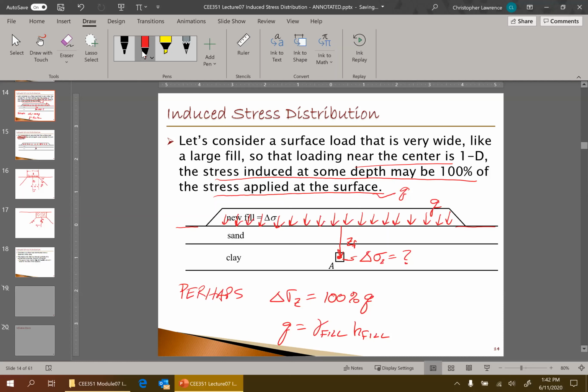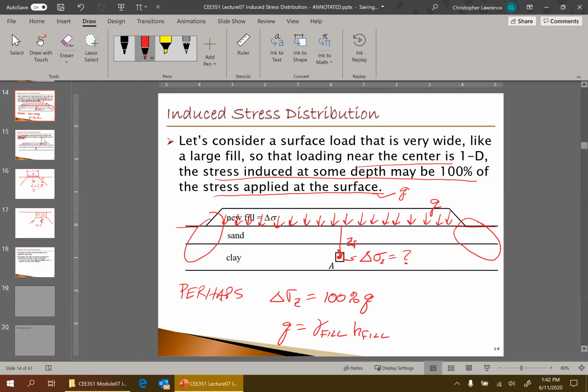And again, what is the distance away from any of these boundary effects? Okay, so if the load is very wide relative to point A, then perhaps the induced stress is really just equal to 100% of the applied stress that is above it.